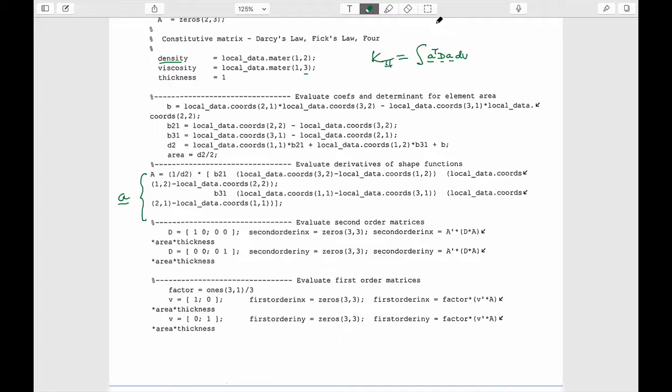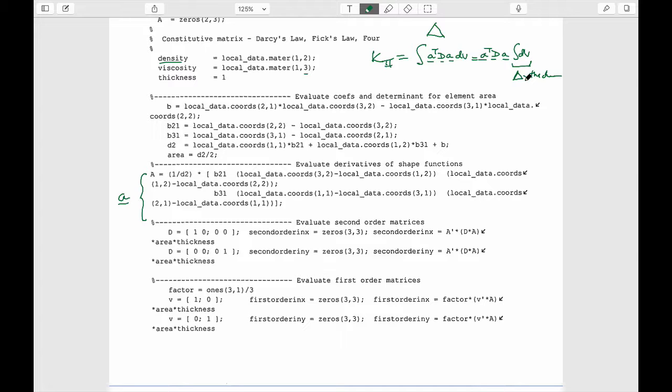Because it's a triangular element and the distribution of the shape functions is such that the variable is constant over here, these terms are all constants, so we can write it as A transpose dA, and the integral of dV is just the area of the triangle, delta, times the thickness.